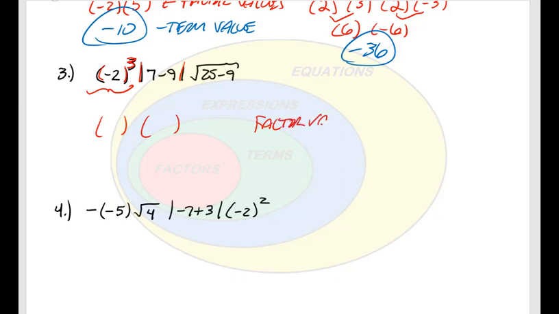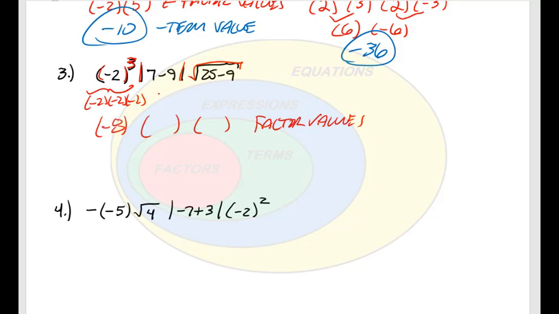I have factor values here. And then the square root of 25 minus 9, I want that factor value too. So negative 2 cubed, I want that factor value. Well, that's negative 2 times negative 2 times negative 2. And if I multiply those together, I get negative 8.